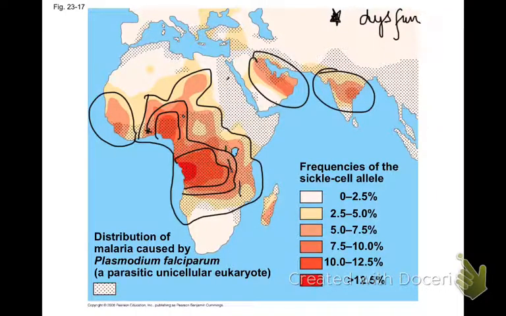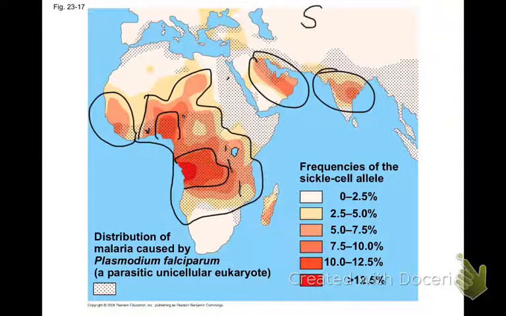If people have 2 recessive alleles, they would end up suffering from it. So you can have people being SS, not having the sickle cell gene at all. You can have people who are carriers for it, but not suffering from it. You can have people who suffer from it.